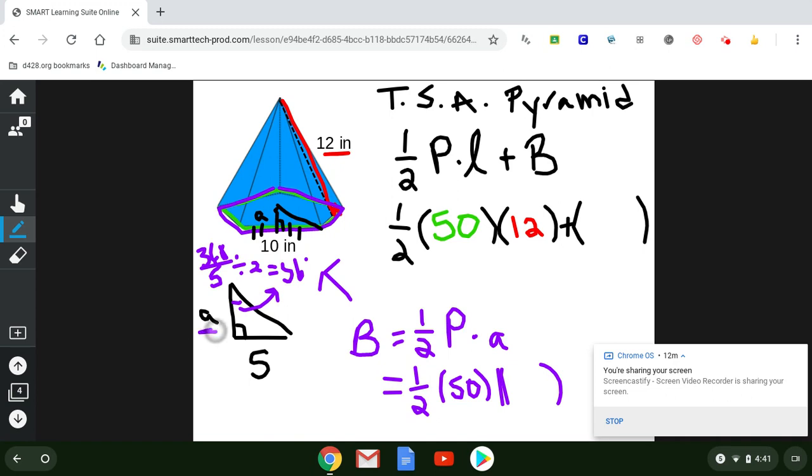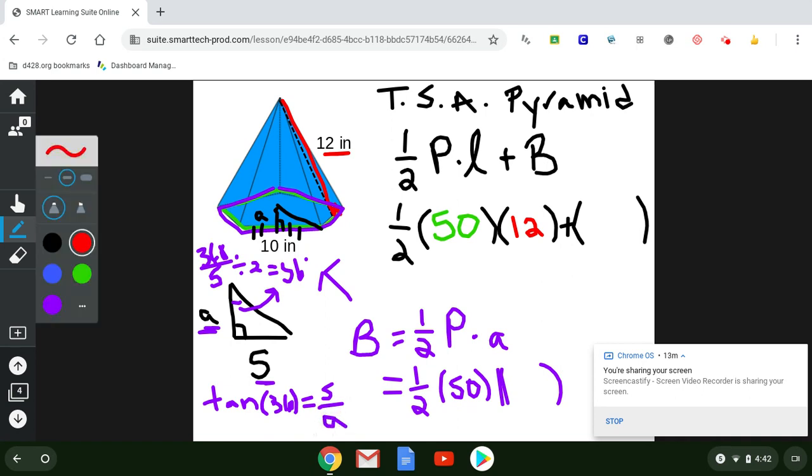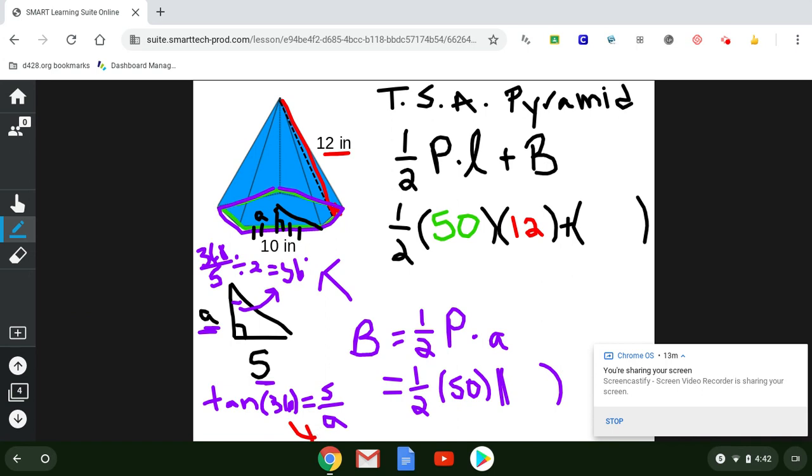This is my adjacent side, and this is my opposite. So I'm actually going to use tangent to find A. So tangent of 36 equals the opposite, 5, over the adjacent, A. Remember, when my variable's in the bottom, we do the exchange of changes, those just flip around.